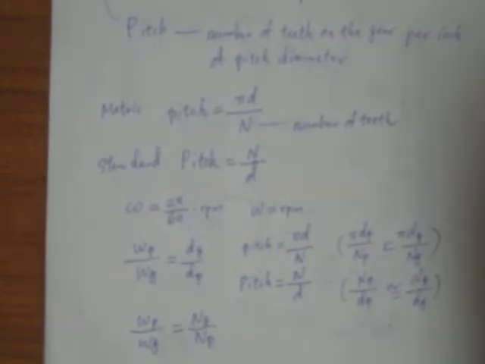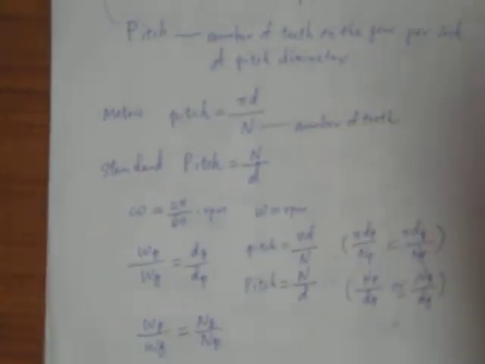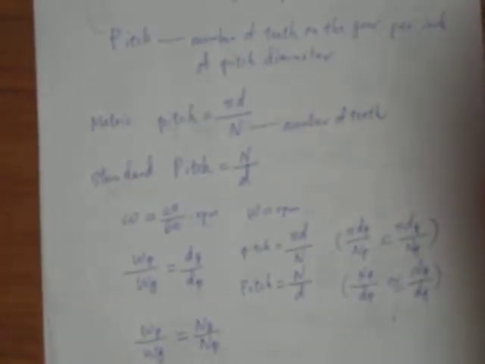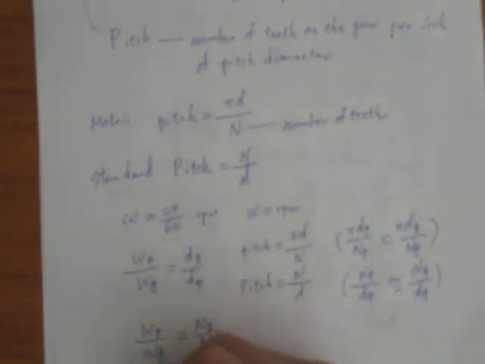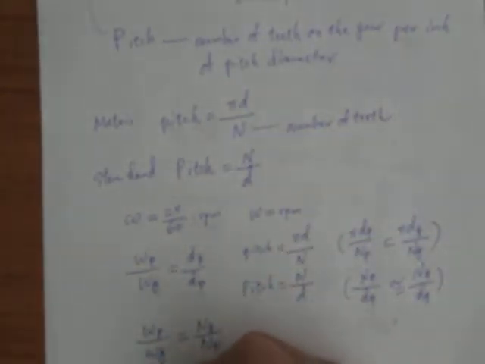If we have a pair of gears, the center distance, we call the C here. C, that's a center distance, and the C is equal to half of dP plus dG.